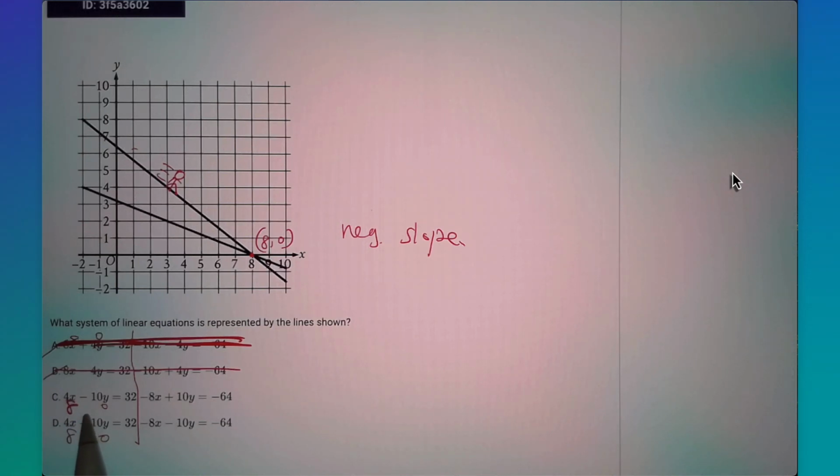If you were to move 10y to the right, let's just focus on this. You get 10y is equal to 4x plus 32. Now the moment I see it, I know it's a positive slope, because if you divide by 10, 4 over 10, which is 2 over 5, is still positive.